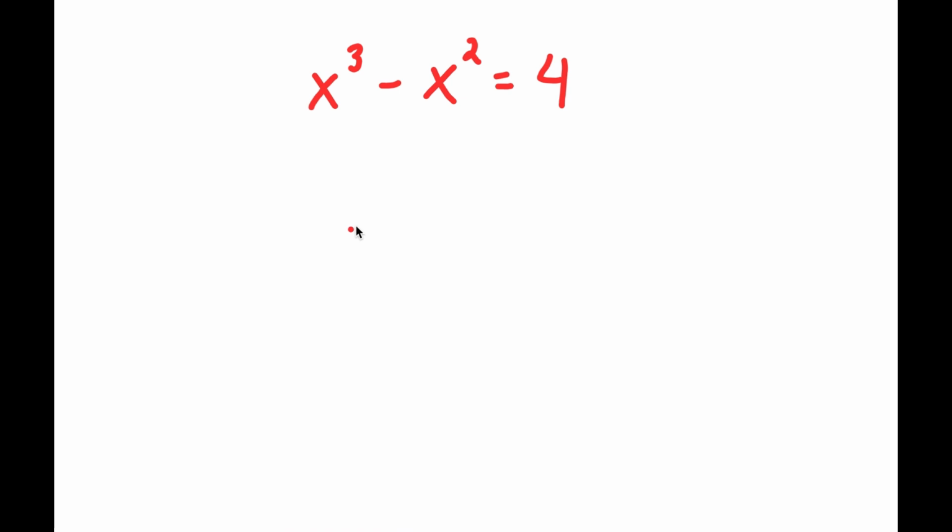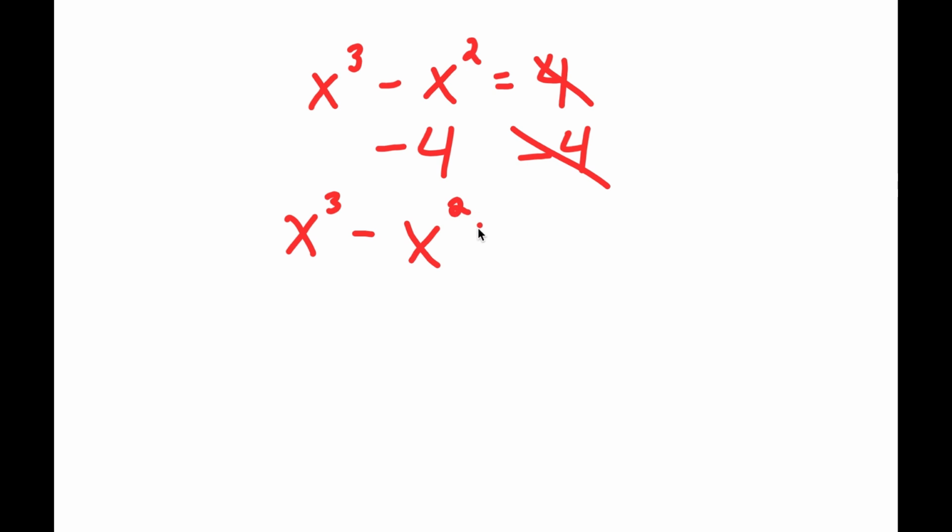Alright, so in this problem, I have x to the power of 3 minus x squared is equal to 4. So I'm going to start by subtracting 4 on both sides.